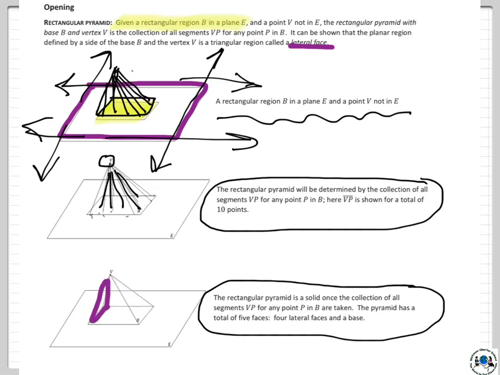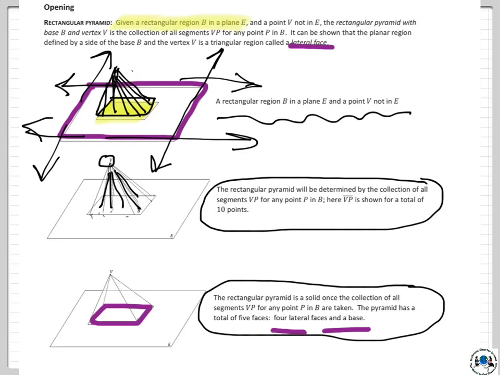So 4 lateral faces, and then we have our base. The total faces of a pyramid is 5, 4 of them lateral and 1 the base. That is our more formalized definition or explanation of a pyramid.